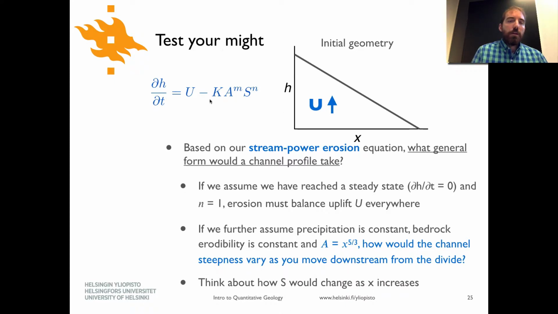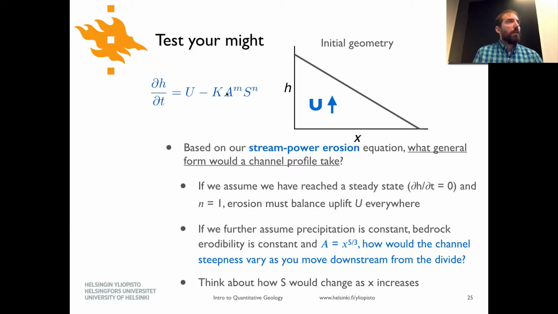And you might look at this thing and say, well, I have no idea. I don't even want to begin to think about how to guess what shape this is going to be. And what I'd like you to do is just don't worry about K. K is a constant. You've got this area and you've got this slope. And initially, the slope everywhere is going to be constant.